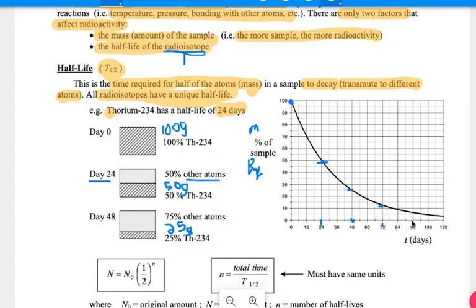Then we go to 96, and we've got, what would that be, 6.25, so on and so forth. So you can see too that you'll never have none of it. We have this asymptote on our x-axis, so it'll never quite reach 0 mass, but we'll get these really infinitesimally small amounts eventually.